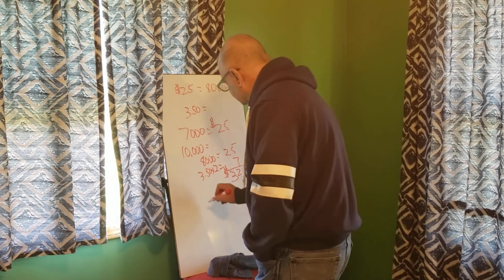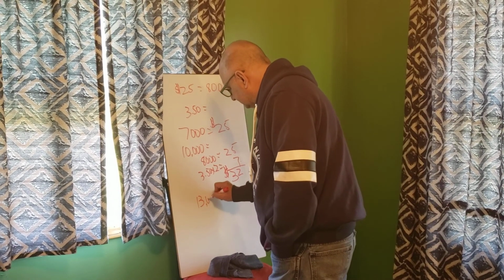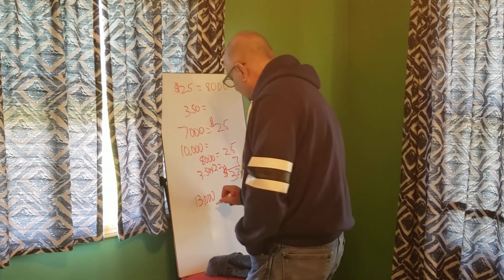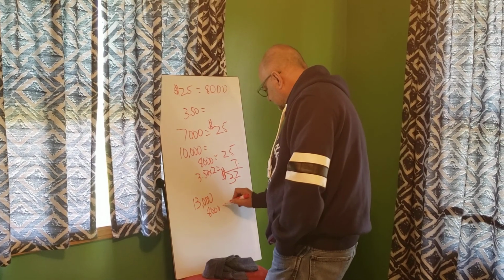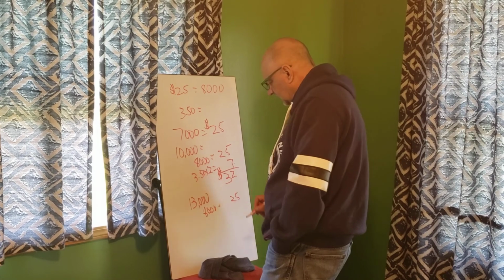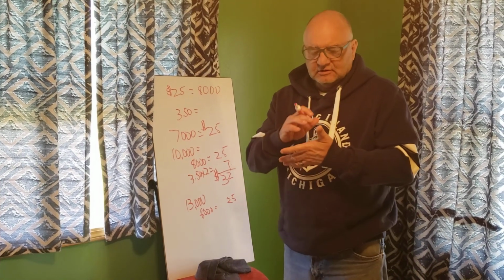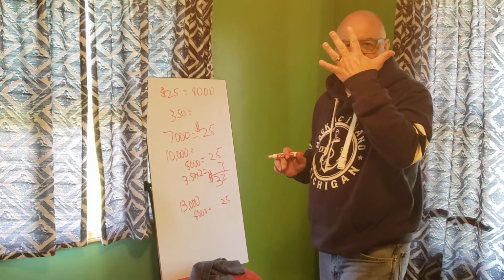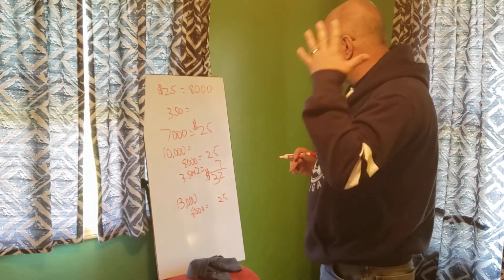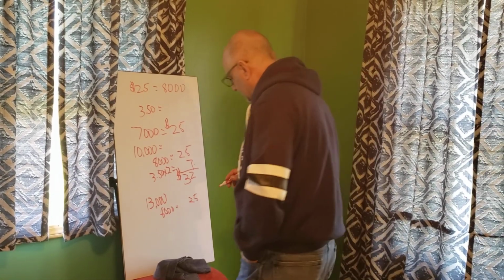And the last one is for 13,000. So I'm going to start again with 8,000 at 25. And then 9, 10, 11, 12, 13. That's 5,000 gallons over my 8,000 amount.